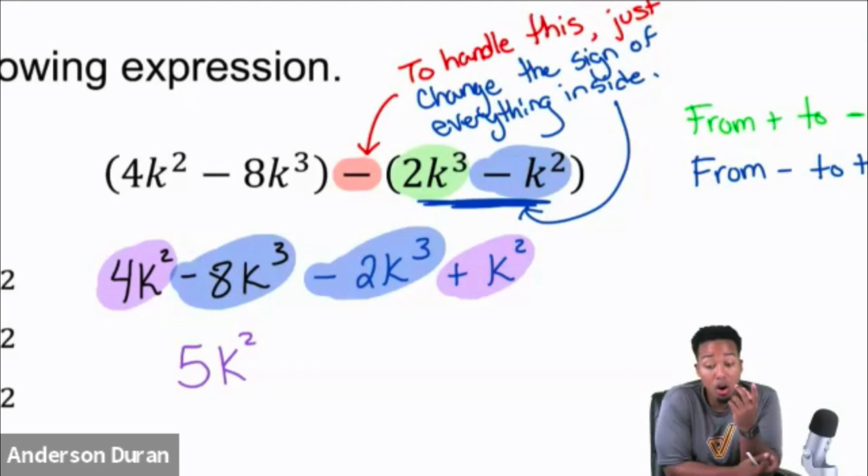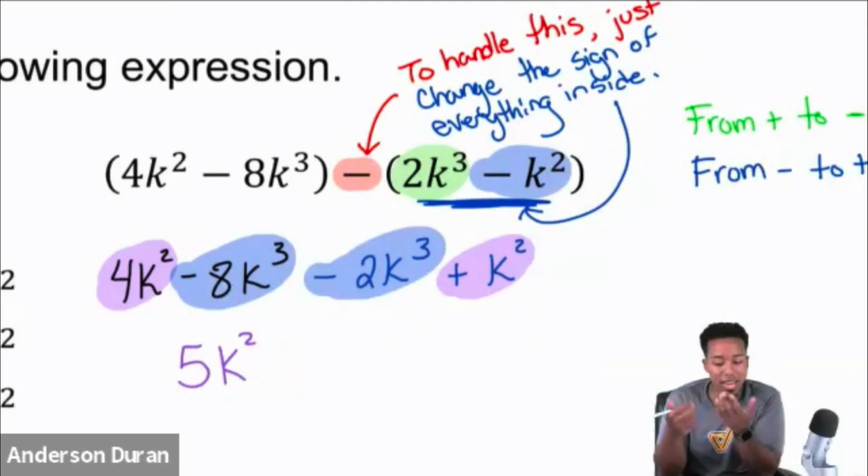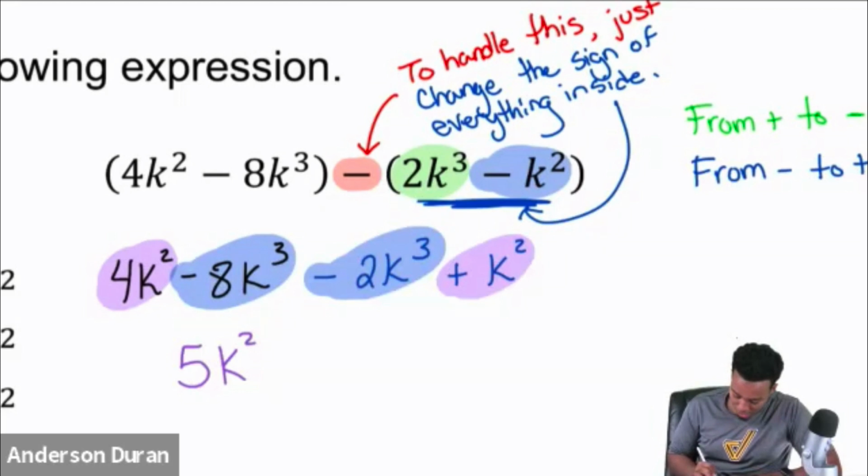I owe 10. Is that 10 going to be a positive or a negative though? It's got to be a negative. It's like saying, hey, if I spent $8 and spent $2 more, those being negatives, I spent $10. So negative 10.